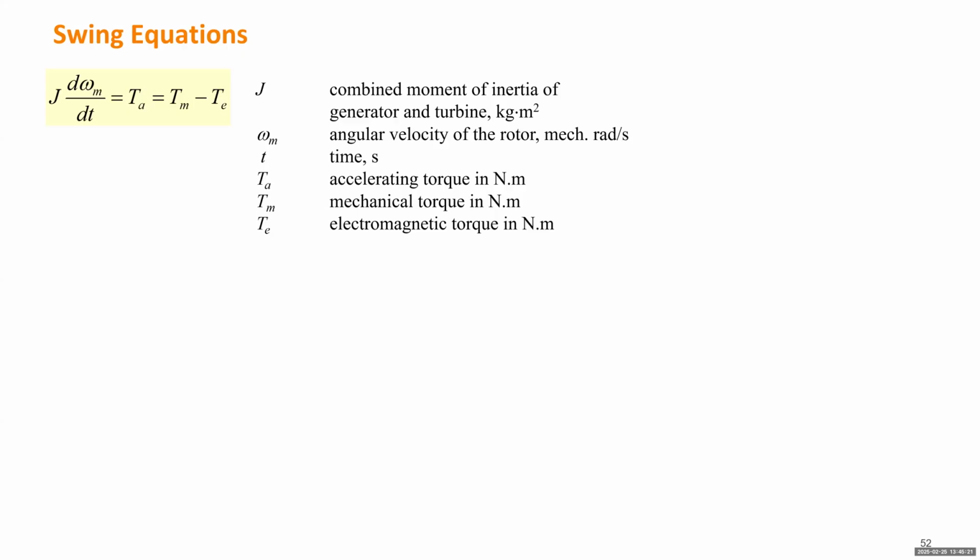So here, this is just from Newton's second law, and J is the moment of inertia of the generator, and omega m is the angular velocity, which represents the actual speed of the rotor. TA is called the accelerating torque, which is equal to the mechanical torque from the turbine minus the electromagnetic torque going to the grid, going to the network.